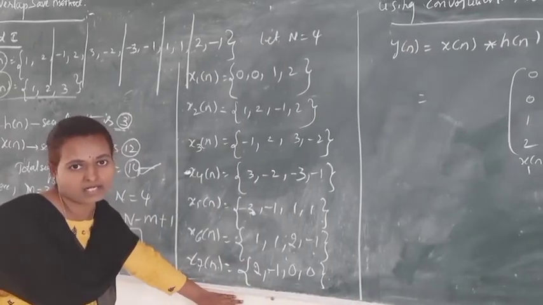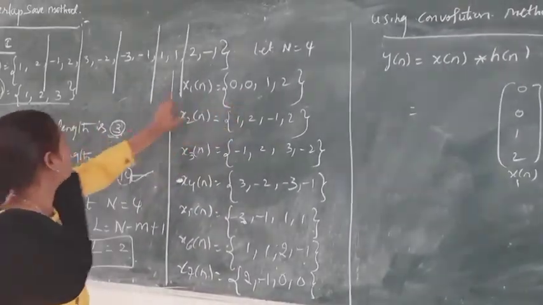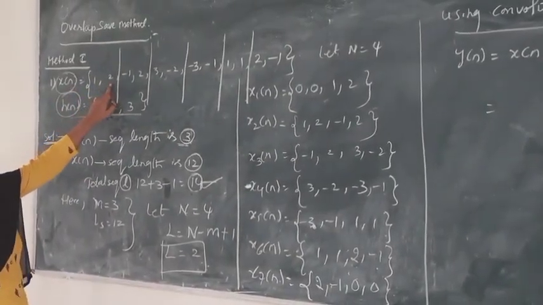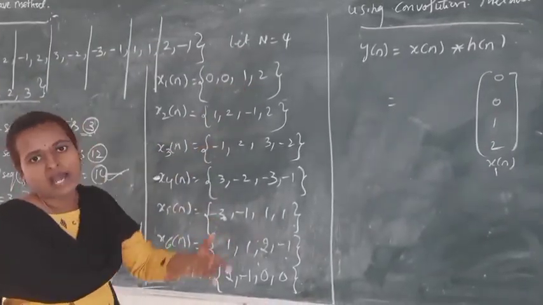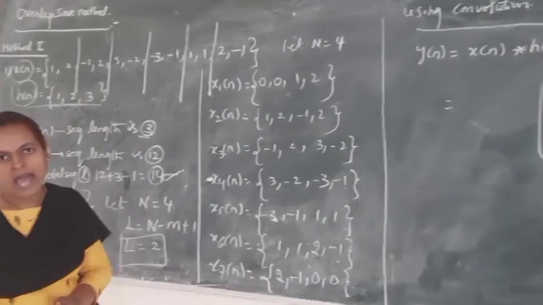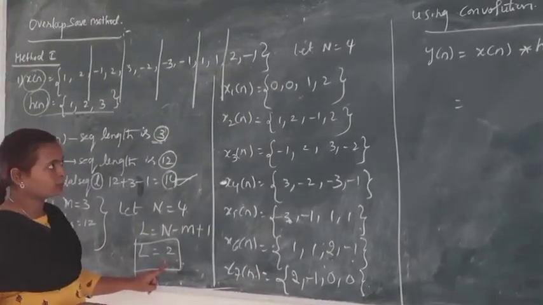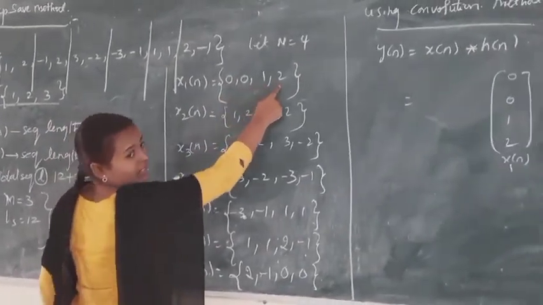How do we write the first sequence? In the given question, 1, 2 is the first block. Before that we have to add 2 padding zeros. So we substitute 2 zeros first, then 1, 2.